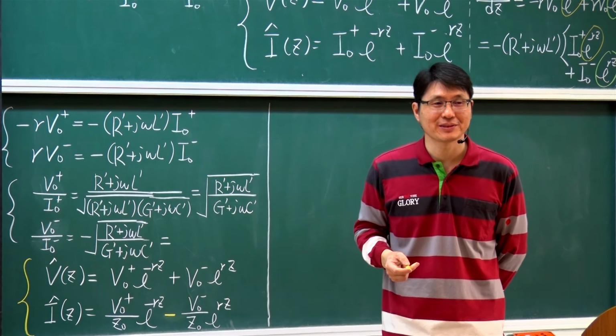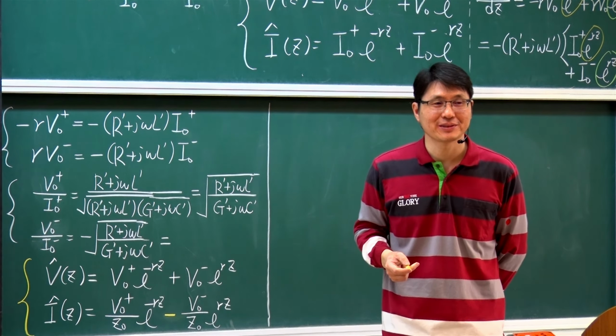So for a given problem, those will be provided for you. Z0 is probably provided for you, gamma is probably provided for you. Once you know gamma and Z0, you know basically everything for a transmission line. And if you know the voltage amplitude, you know the current amplitude.